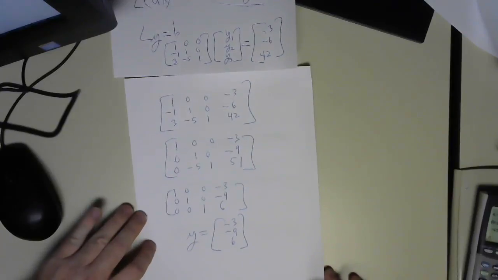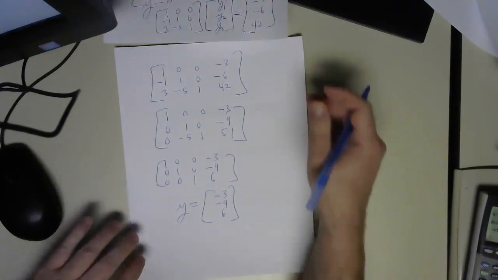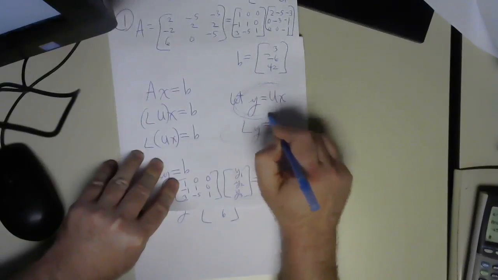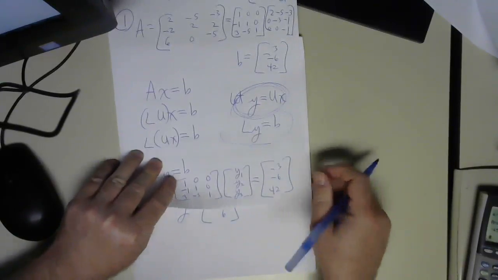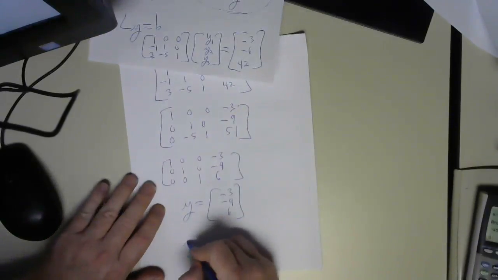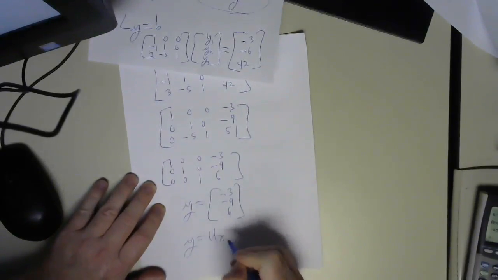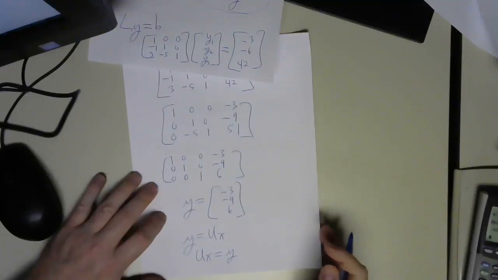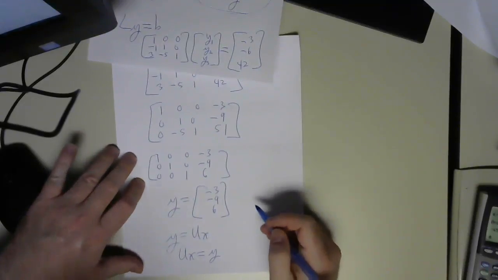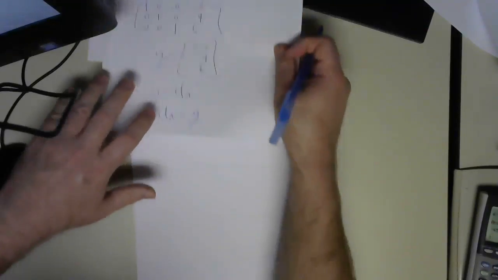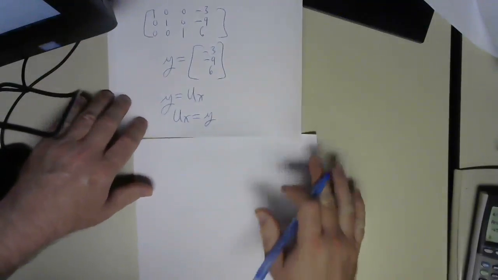All right. Now remember, the second part of the problem is to take the y that we just found, plug it into this equation, and solve for x. All right. So y = Ux. And if I wanted to, I suppose I could write it as Ux = y. That's a form we're more familiar with. So let's put that on a different page.